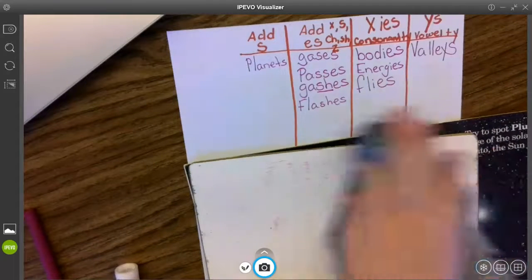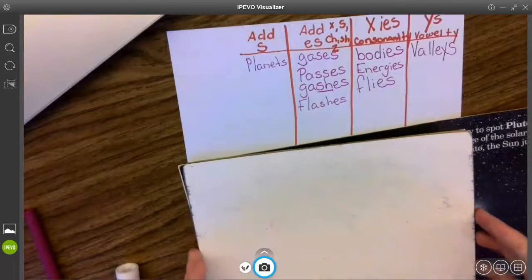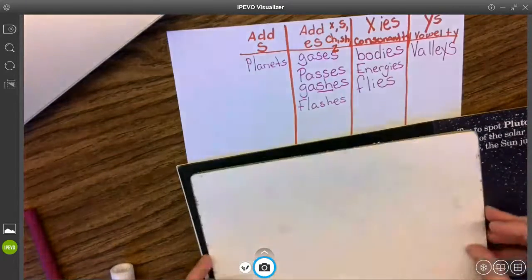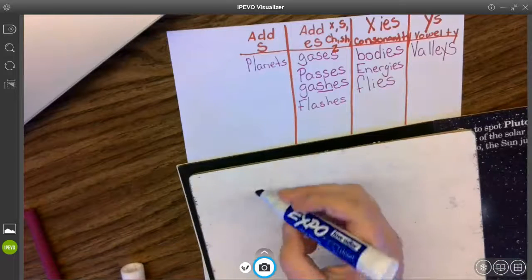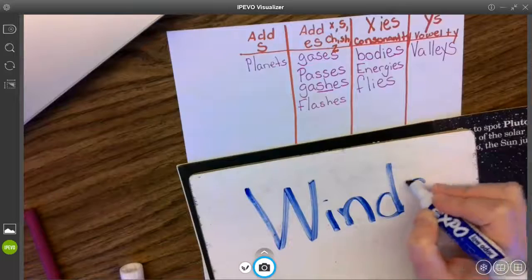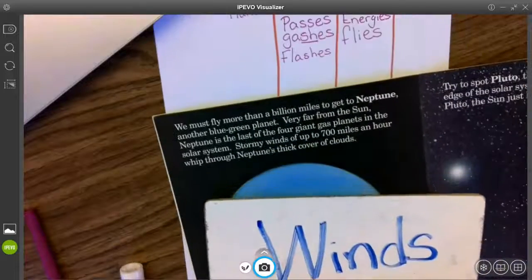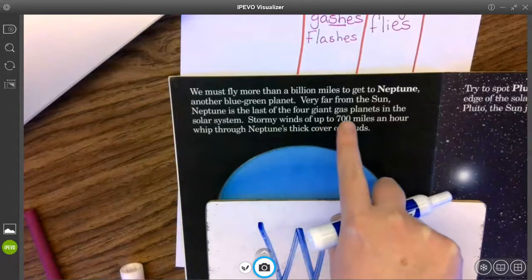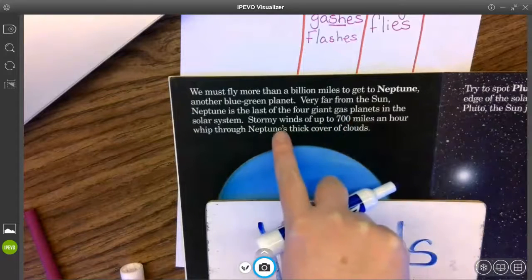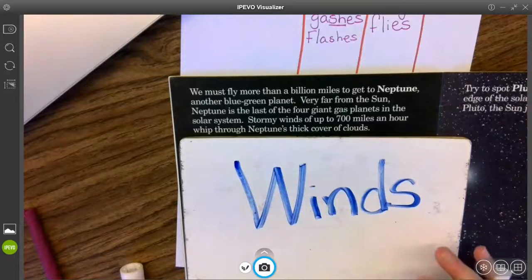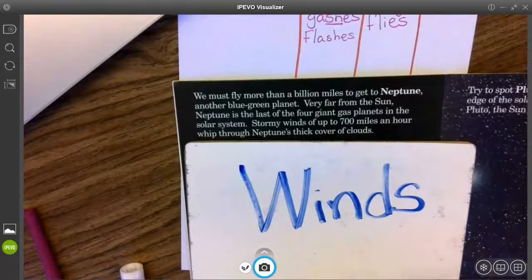All right. Now there's another word here I want us to look at, and that is the word winds. Now, they made this plural in the book. It says right here, stormy winds of up to 700 miles an hour whip through Neptune's thick cover of clouds. So we're going to talk about why they added just an S to it. What's the word they're building off of there?